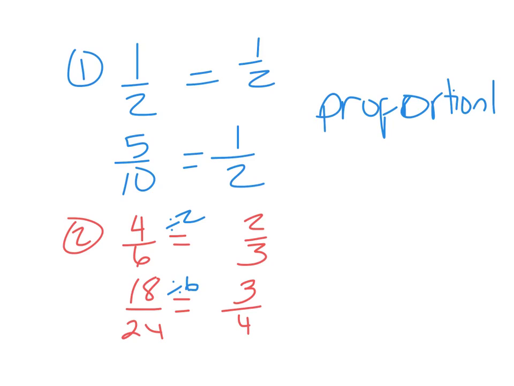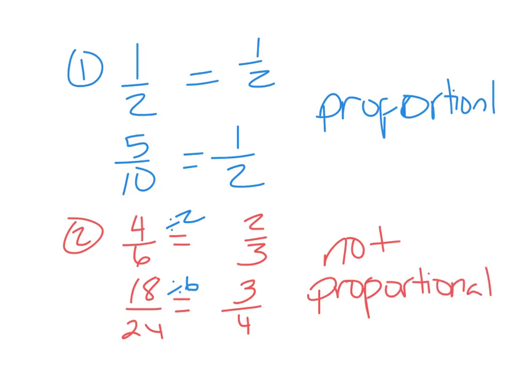Can't reduce that anymore. Are these proportional? No. So you're going to say not proportional. Wait, they have to be the same number? Yes, they have to reduce to the same thing. That's how you know whether they're equivalent or not. Good?